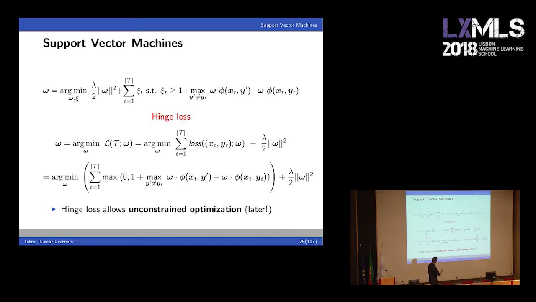So 0 is when we don't make an error, and this term here is when we make an error, and error for the support vector machine means that the score that we assign to our prediction is greater than the score that we assign to the gold standard by a margin of 1.